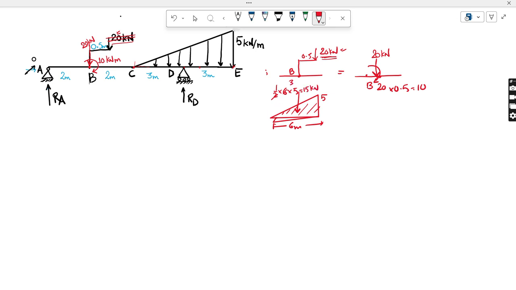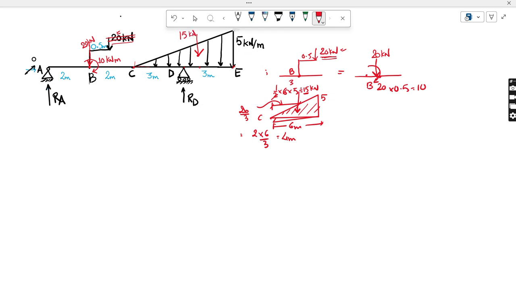Now you have to bear in mind that this equivalent point load, which is 15 kilonewton, will act at a distance of this distance. Okay, so this distance will be 2 base by 3, so that is 2 into 6 by 3, and that will come out as 4 meter. So let's draw that over here, my equivalent point load, which will be equal to 15 kilonewton.